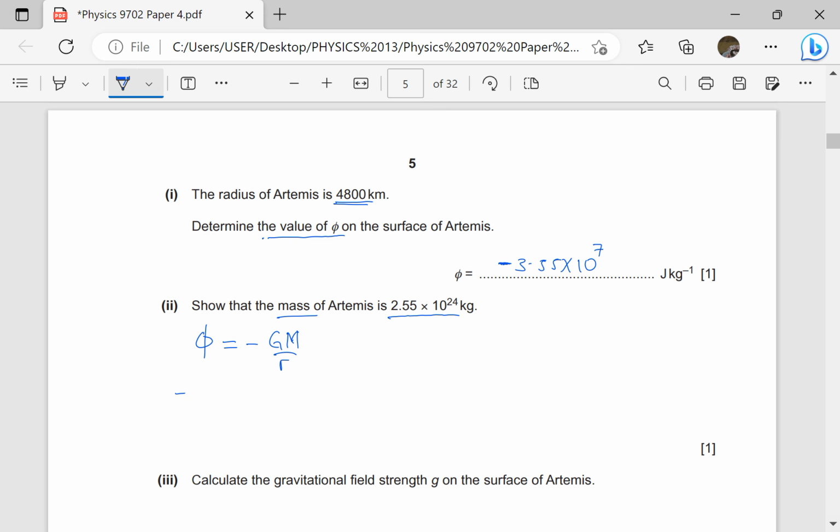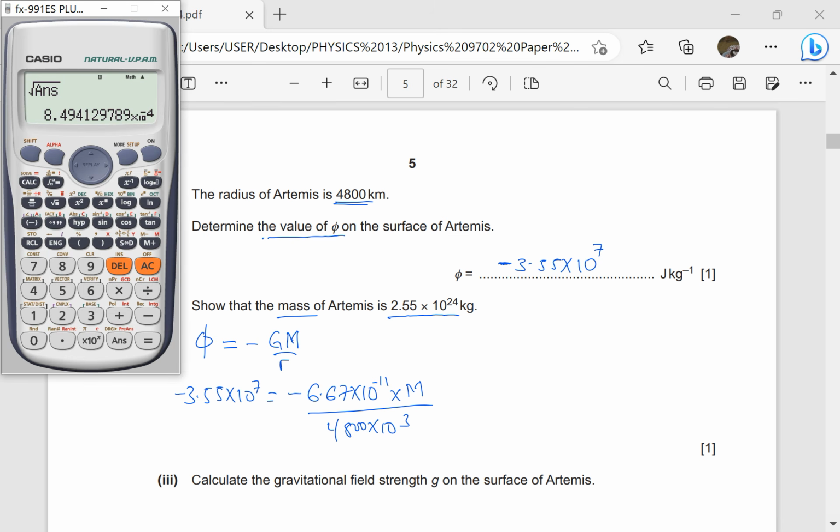So I'll simply say that negative 3.55 times 10 power 7 is equal to negative G, the gravitational constant, which is given in the list of constants as 6.67 times 10 power negative 11, times capital M divided by the radius, which is 4,800 kilometers. So that will be 4,800 times 10 power 3.